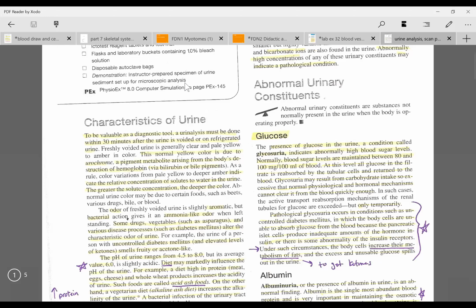So I have a video on this, the technique that you'll watch later, so I won't really get into all the technique stuff. But bottom line, you have the person pee in a cup, take a dipstick, and you measure it. These dipsticks have special testing components for a chemical reaction, and they change color. And you line that color up with your legend.